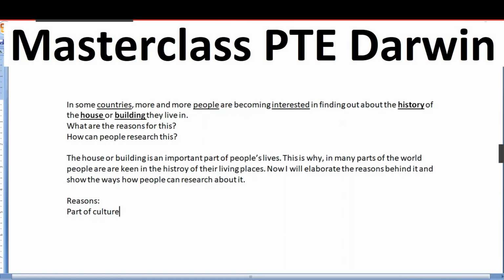This way, it's part of the house, and it represents our cultural heritage. So these buildings play an important role in personal or family identity, or social identity in many cultures. So you can say that. This can be one reason: part of culture.